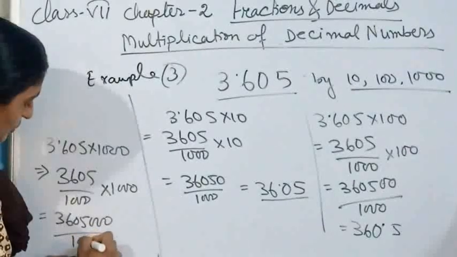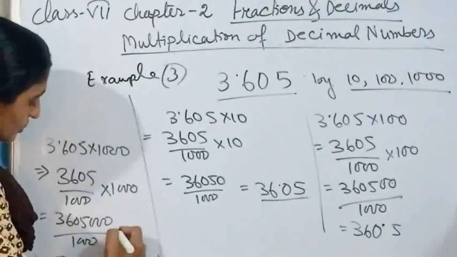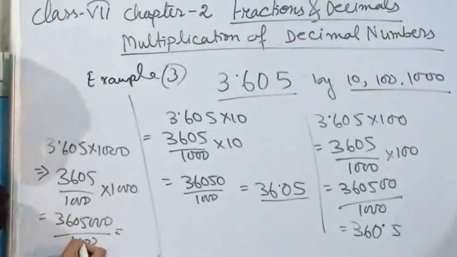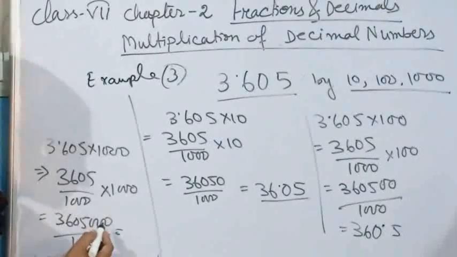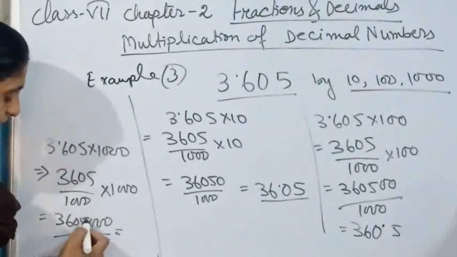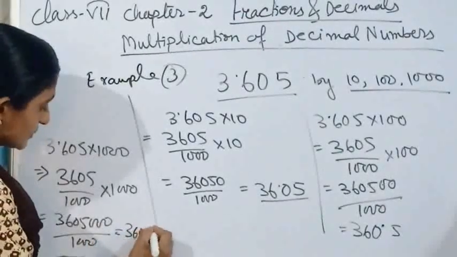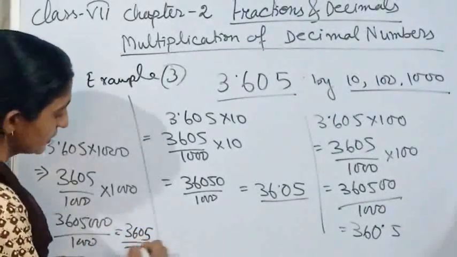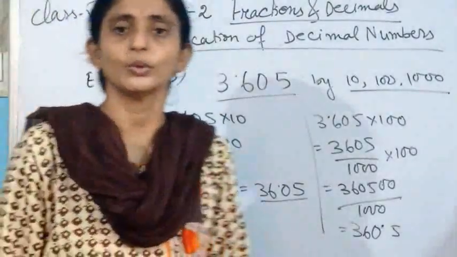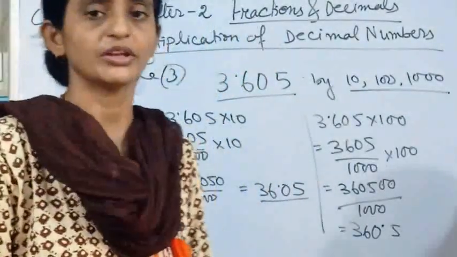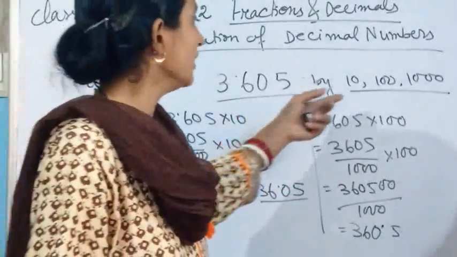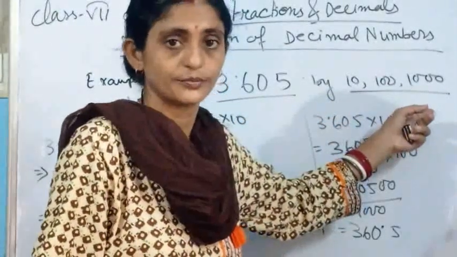Then here also you have 1000, so that will be cancelled, because by this I will put the decimal. I will count this one, so it is 1, 2, 3. Here I am getting the decimal. So it will be 3605. This is the answer you will get. So in this way you have to multiply any decimal number if you are asked to multiply it by 10, 100 and 1000. Okay.